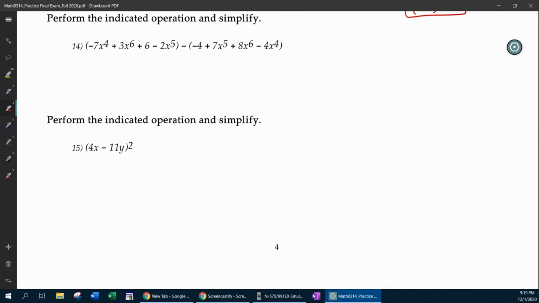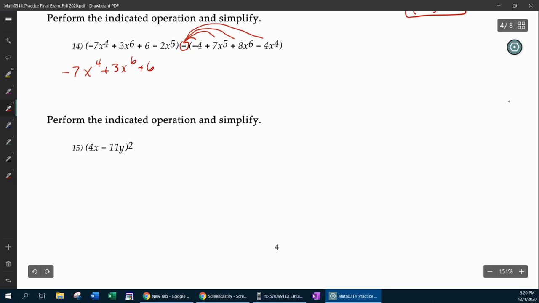Number 14, perform the indicated operation. Here we have polynomial subtraction. And so what we need to do is distribute that negative to every term and then combine like terms. The stuff in the first set of parentheses just comes down.